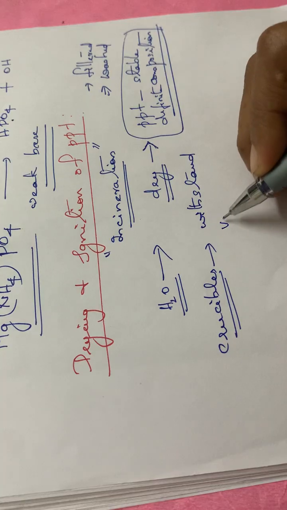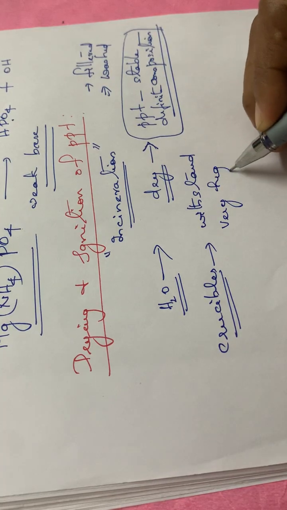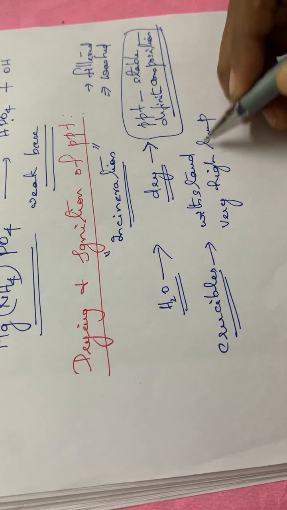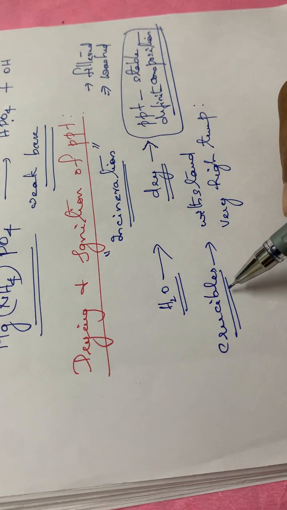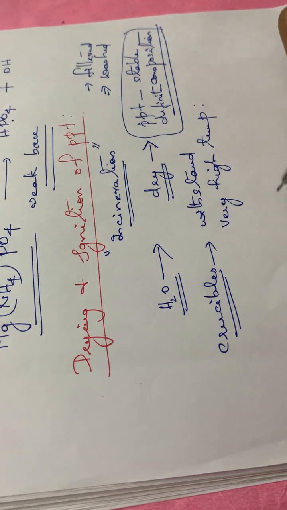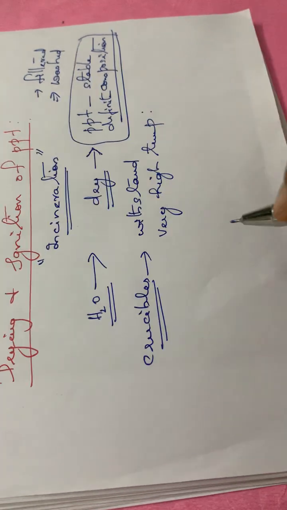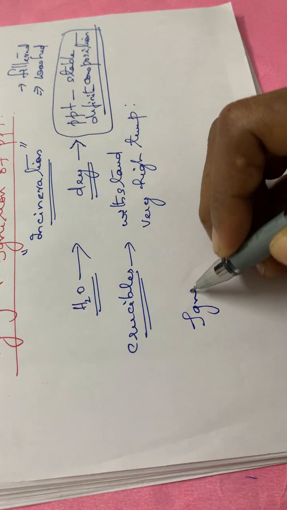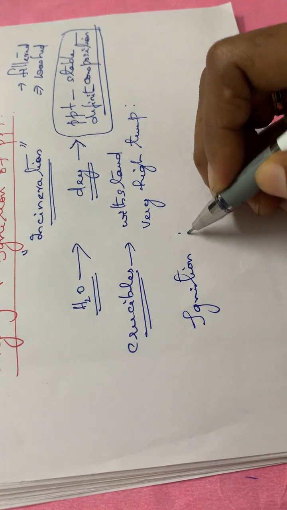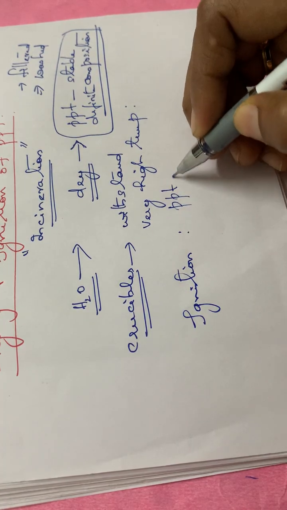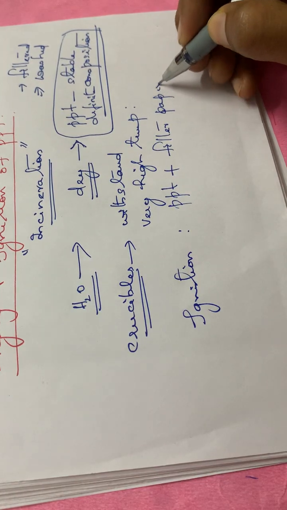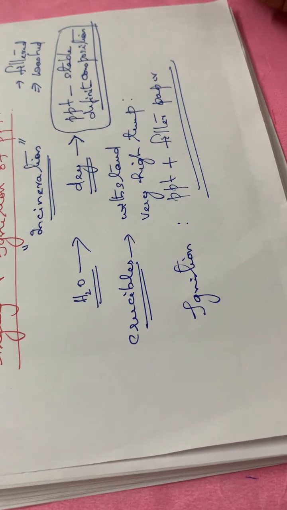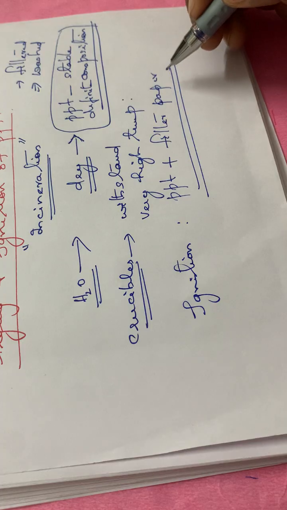That is why we are using crucibles. With the help of crucibles, we will be drying and igniting the precipitate. By ignition we mean, see, the precipitate is along with the filter paper also, isn't it? Precipitate plus filter paper is there, so we have to dry it and ignite it.